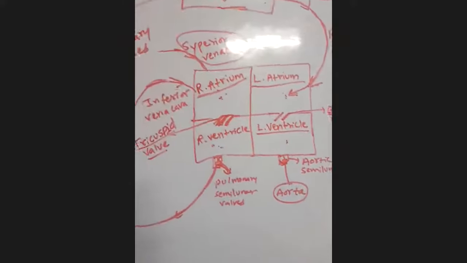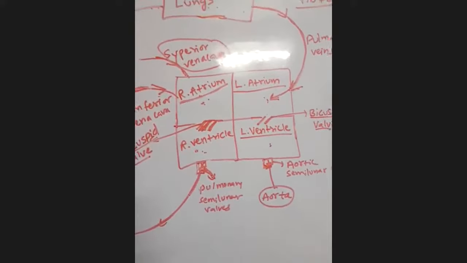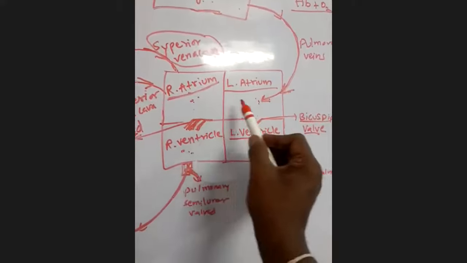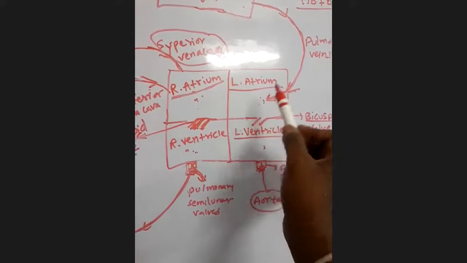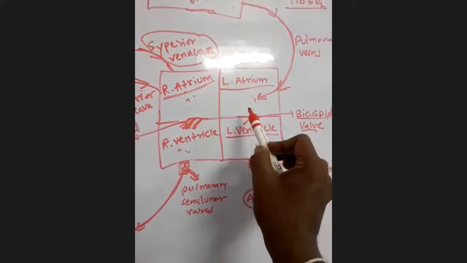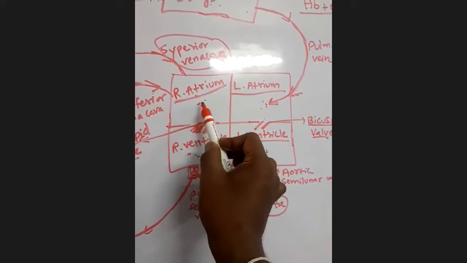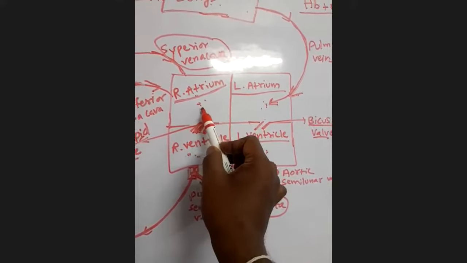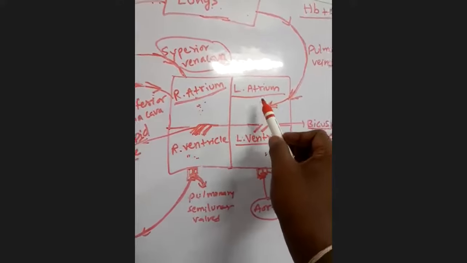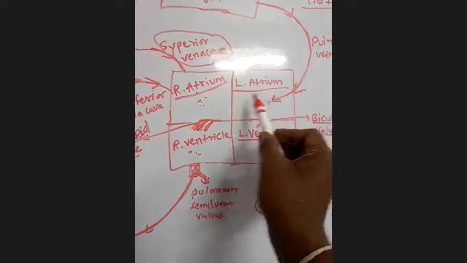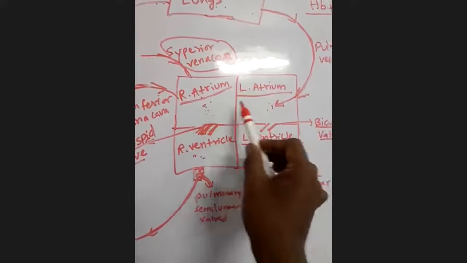So here you need to understand very clearly that the deoxygenated or impure blood in the right atrium and the pure or oxygenated blood in the left atrium are filled at the same time.